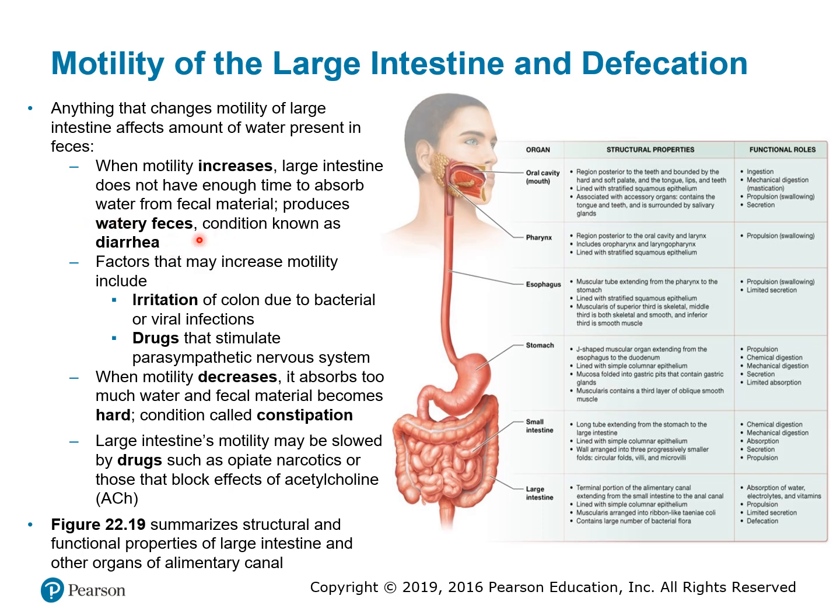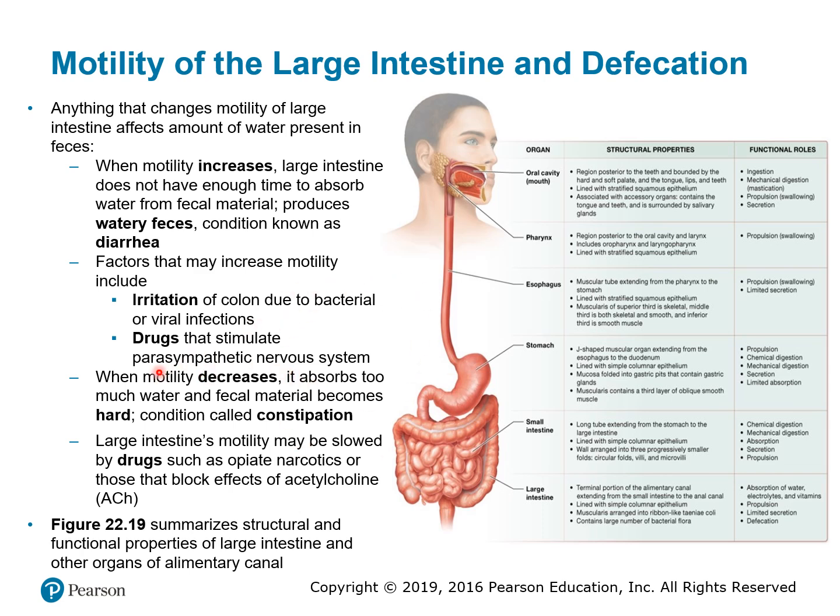And then factors that increase this motility will be irritation, like bacterial or viral infections that this part of the body is trying to fight off, and it doesn't have time to absorb that much water. Or even drugs. Sometimes there are medications that also enhance this parasympathetic nervous system mechanism, and more water is going through the feces. When motility decreases, there's way more absorption.